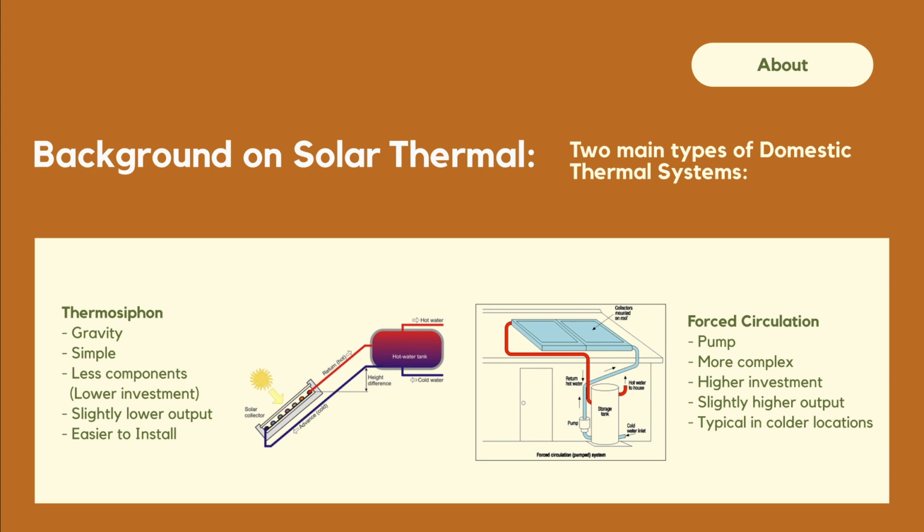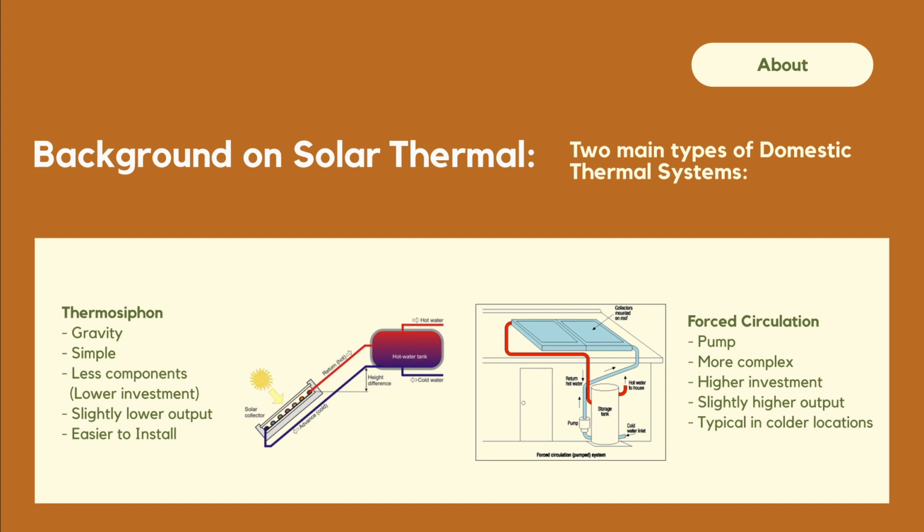Or we can have a forced circulation with a pump, and this pump drives the fluid through the solar circuit from the panels into the storage tank. The thermal siphon is a system that works by gravity.